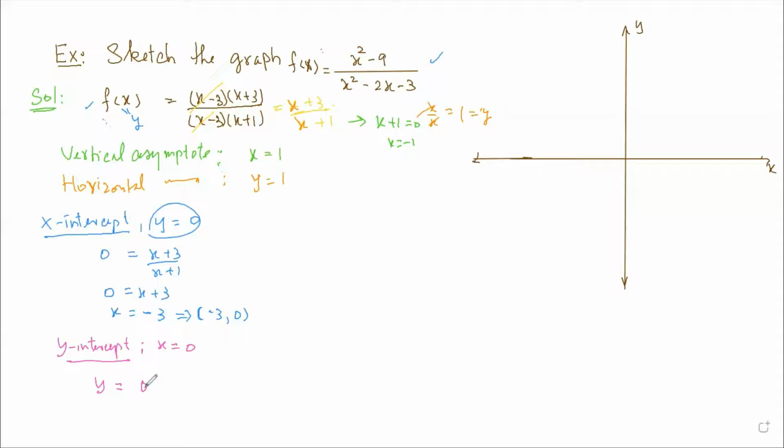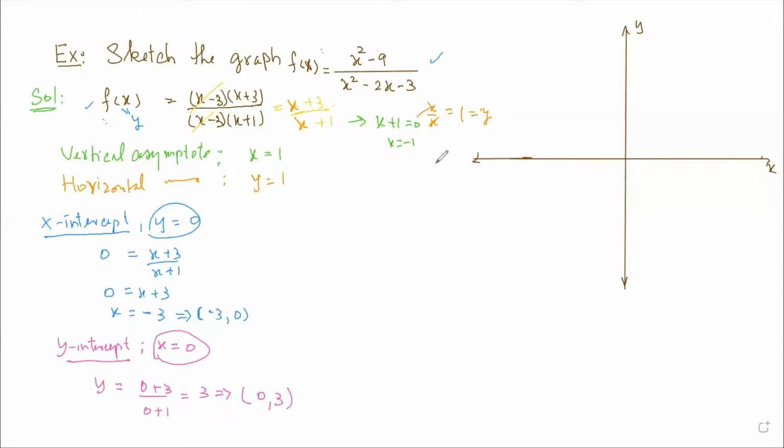So x is 0 plus 3 over x is 0 plus 1. So it equals 3. So then the y-intercept, we write in ordered pair, x becomes 0, and y equals 3 here. So we got the y-intercept at x equals 0, y equals 3, and the x-intercept is x equals -3 and y equals 0.